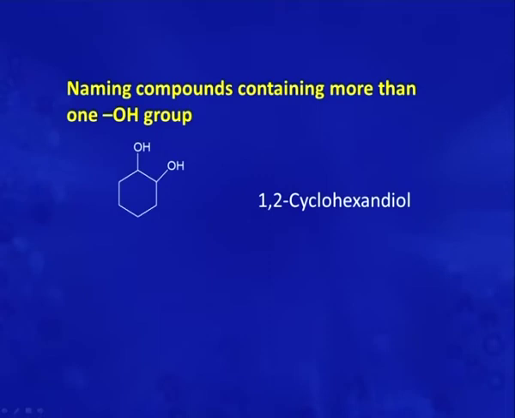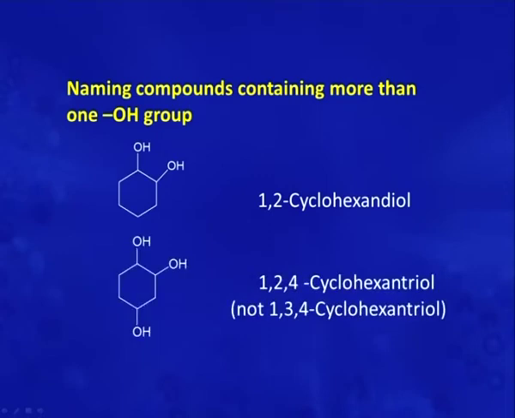The cyclohexane ring has 2 hydroxy groups or 3 hydroxy groups. If it has 2 hydroxy groups, the name given is 1,2-cyclohexane diol. In this case, it is a 3 hydroxy group containing cyclohexane, so it is cyclohexane triol. But here numbering is important.